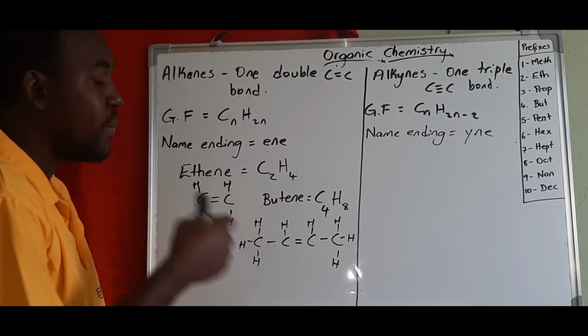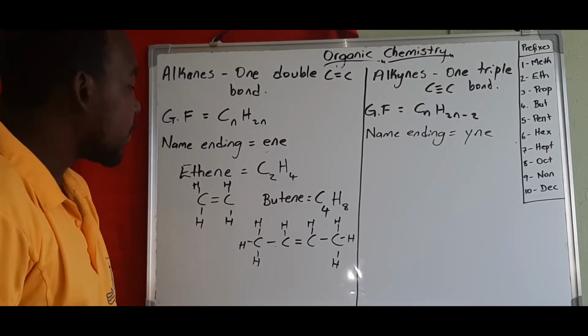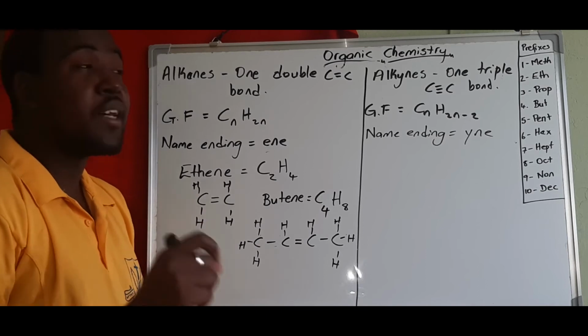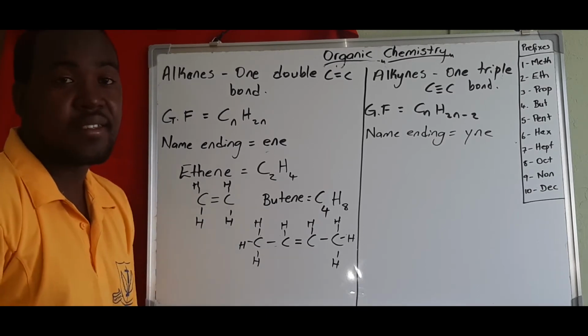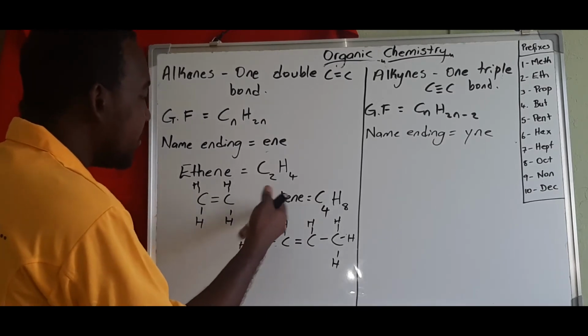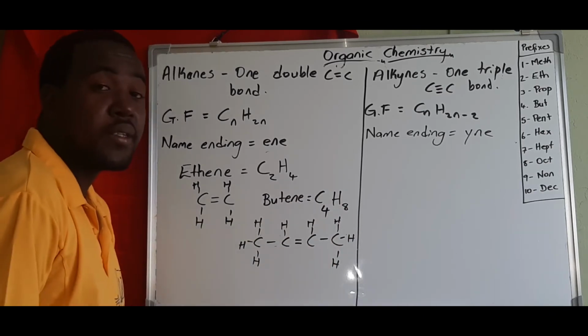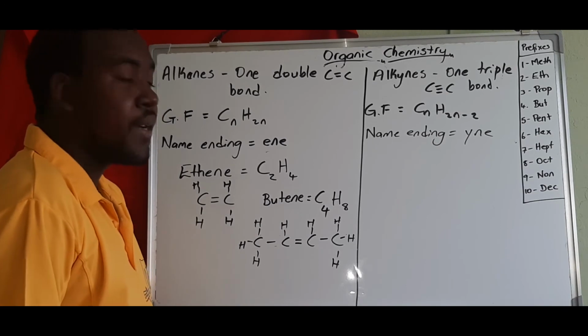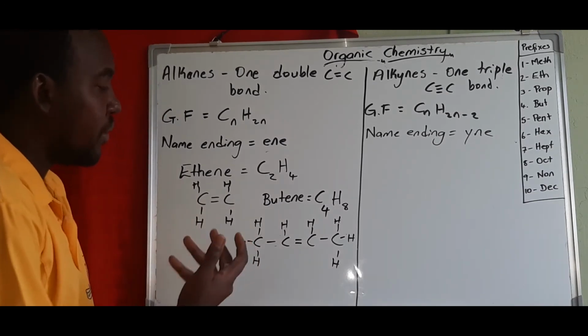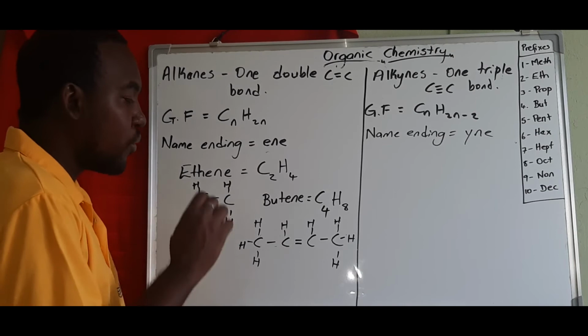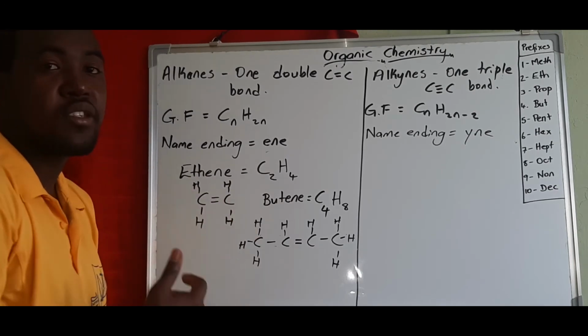But their name can be specific. Specific means to tell you where the double bond is. So instead of writing butene, we can actually state which carbon has the double bond. We do the same naming by seeing which side the double bond is close to.